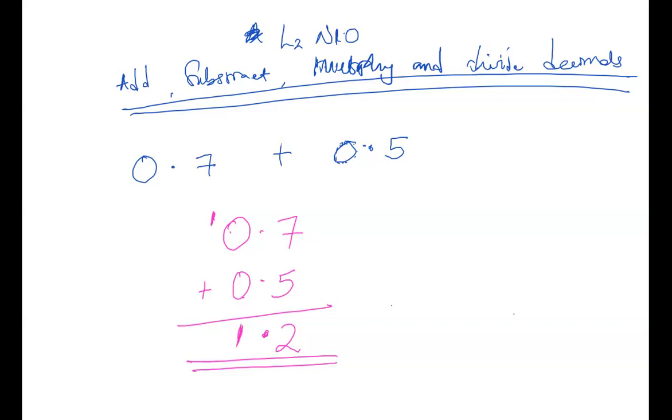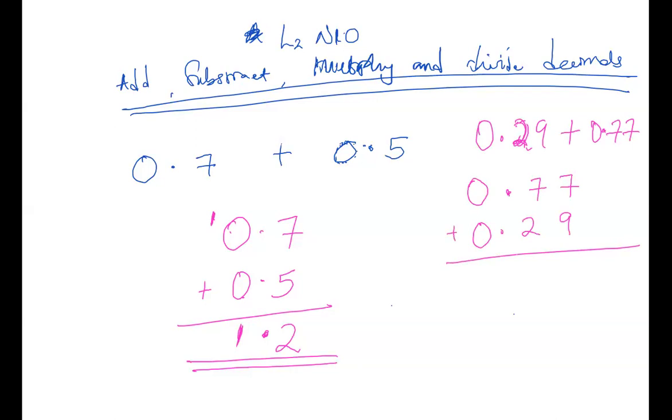If you also have 0.29 plus 0.77, you add them together.